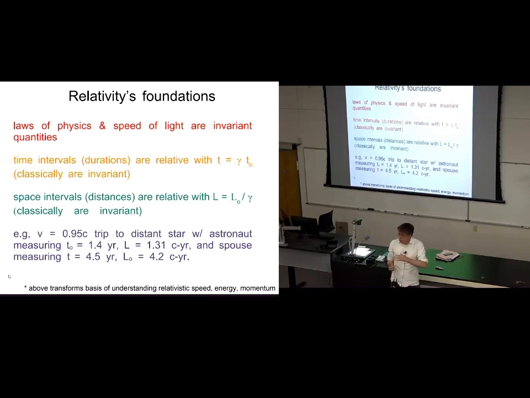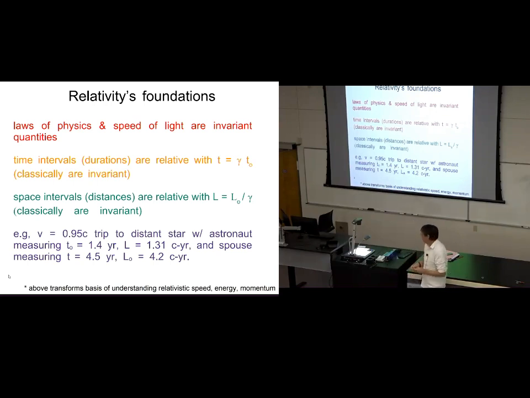So those are two different reference frames, and we discovered that in accord with our ideas of time dilation and length contraction, they would measure different times for the length of the trip, that's the duration of the trip. They would measure different distances for the distance traveled on the trip.